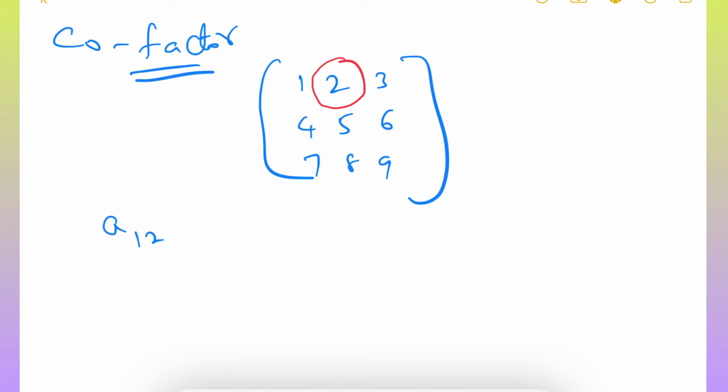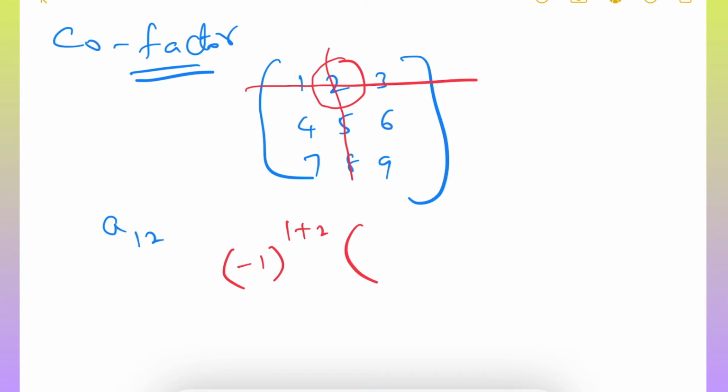So it is very simple. Take minus 1 to the power of the numbers of the element they are asking about, 1 plus 2, into the minor of that element. So simply delete the total column and the total row where that element is present.